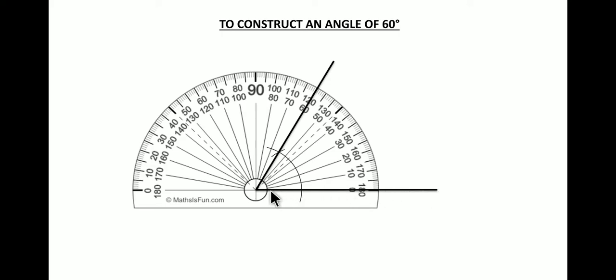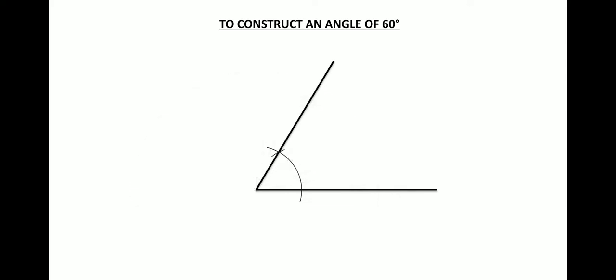Then you will check that this angle is exactly equal to 60 degree or not. So it has to align with the small mark over here which says that it is equal to 60 degree. So this is our angle which is equal to 60 degree. So this is how we construct angle of 60 degree.